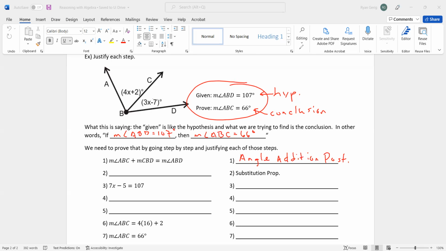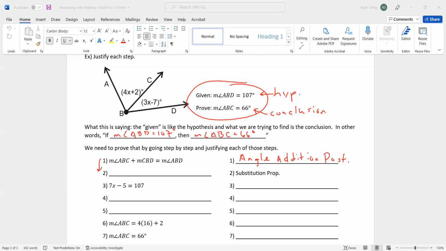Okay, step 2. I'm telling you that I'm going to be using a substitution from step 1 to step 2. I'm going to be using substitution. That's what that says. Okay, what am I substituting? Well, what's ABC? I don't know that it's 66 yet. That's what we're trying to prove. I can't replace ABC with 66.